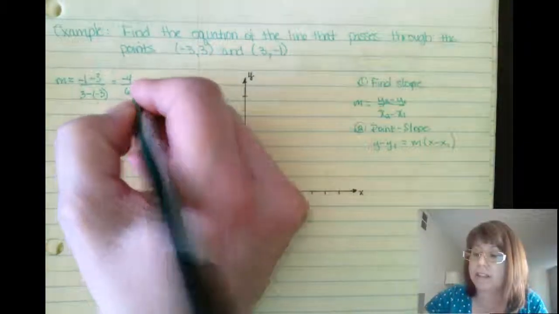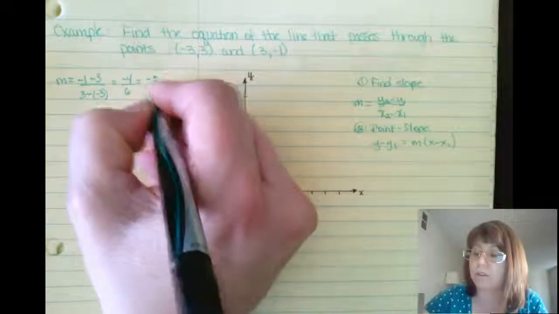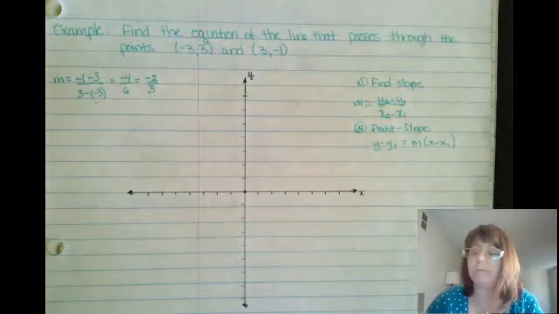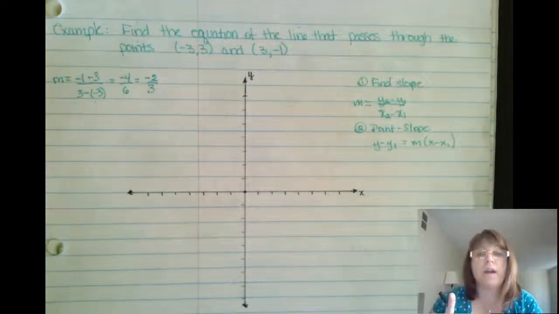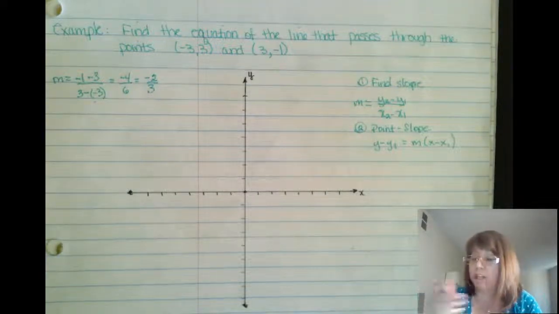But I can reduce this down to -2/3. So that's my slope. Now I have my slope, and I have a point. I can solve for the equation.